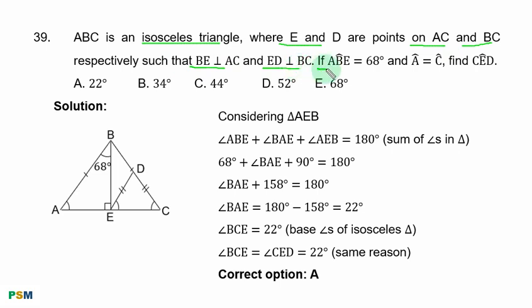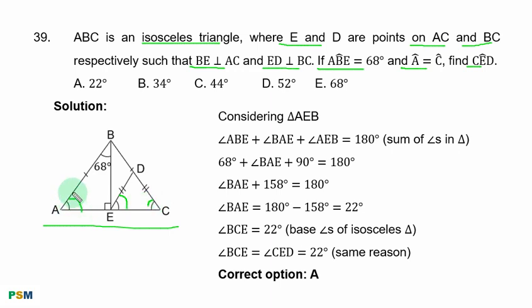If angle ABE equals 68 degrees and angle A equals angle C, find angle CED. Solution. This diagram represents the given information. We are to find this angle CED, that is this angle.